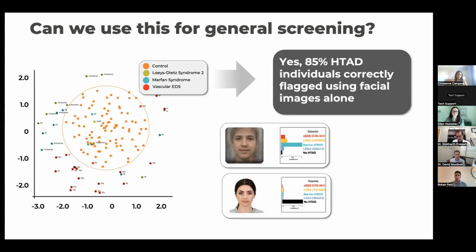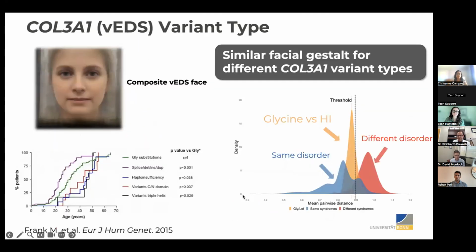So that shows that this approach can be used for screening purposes to identify, for example, an individual that has Marfan features and is more likely to have Marfan compared to someone who has no features and has very low likelihood of having one of these HTAD conditions.